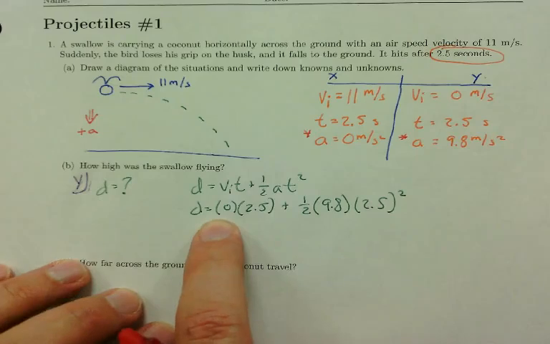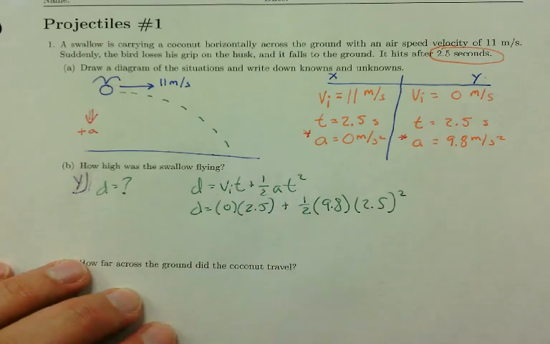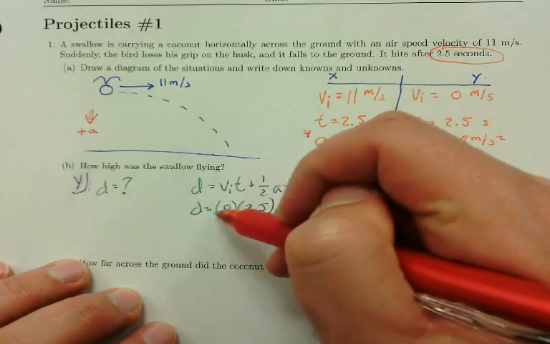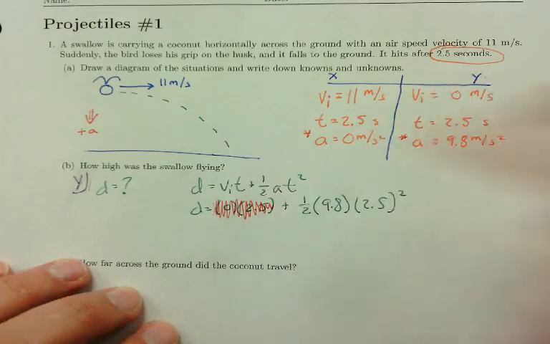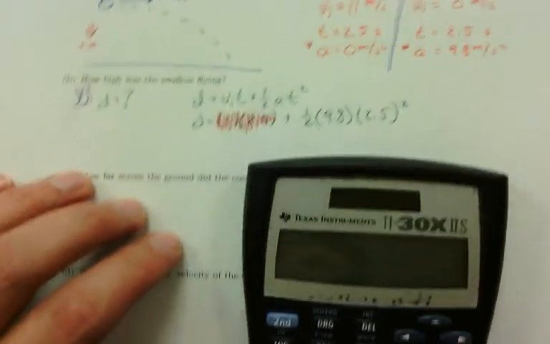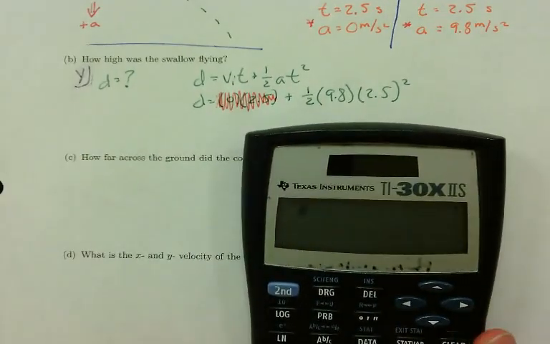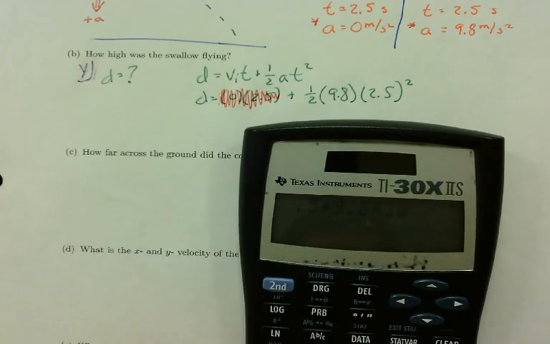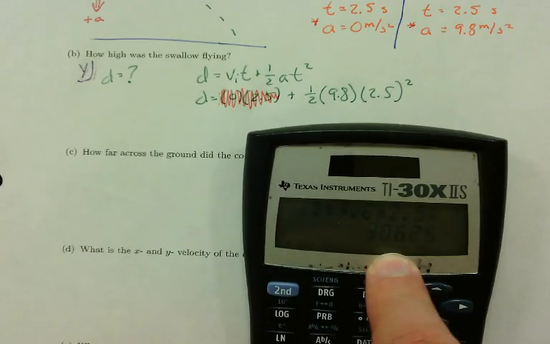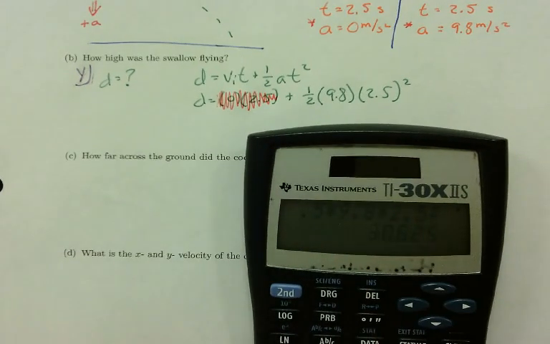If you have a term that's got a 0 in it, that 0 means the whole term is going to be 0, so I can simplify this by saying since that term has a 0 in it, the whole term is going to go away. On my calculator, all I have to do is 1/2 times 9.8 times 2.5 squared. I'm getting 30.625. 2 decimal points would be 30.63.